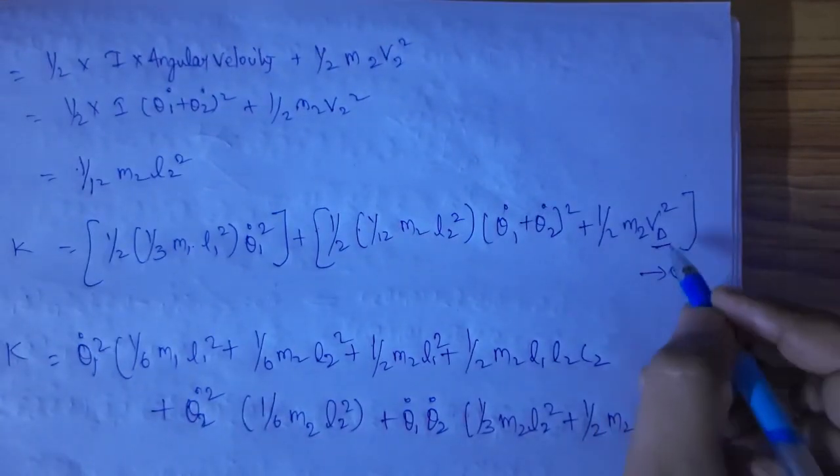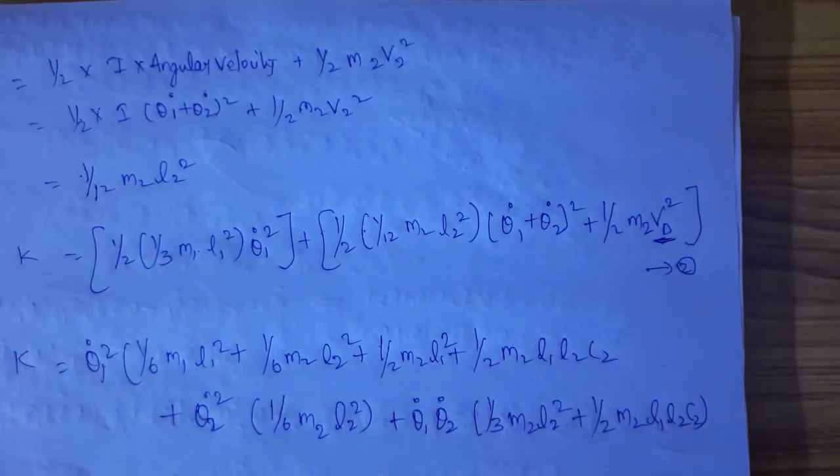So we just substituted the v square here, so we will be getting the value of kinetic energy like this.